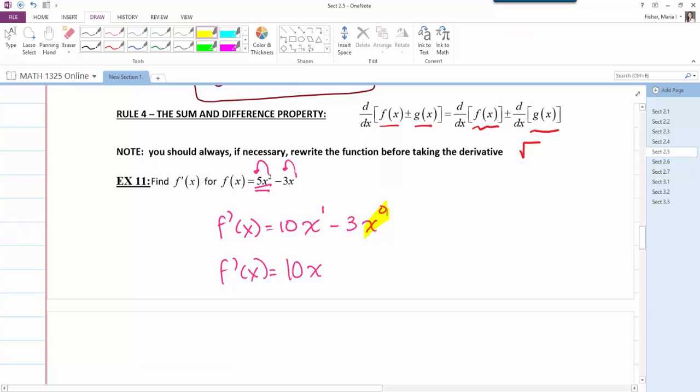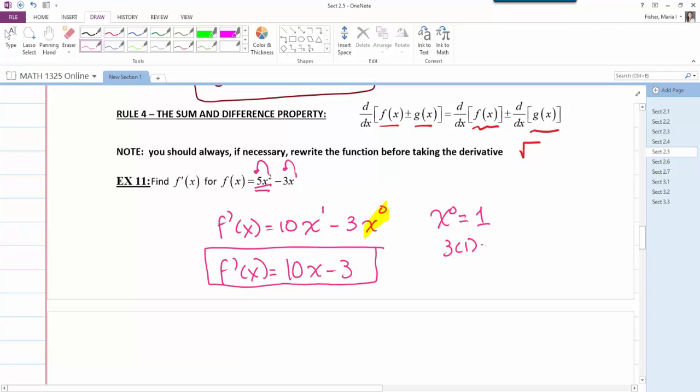So that's the same as 3 times 1. So as x to the 0, we don't need to write that, so that's just going to be minus 3. So the derivative of 5x squared minus 3x is just going to be 10x minus 3, because again, x to the 0 is equal to 1, and my 3 times 1 is going to equal 3, right? So anytime you have x to the first power, the variable goes away when you take the derivative.